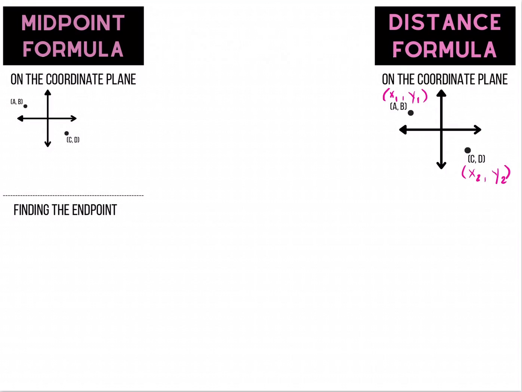The distance formula is: the distance equals the square root of x2 minus x1 squared plus y2 minus y1 squared. Sorry, let me rewrite that because I'm out of room.